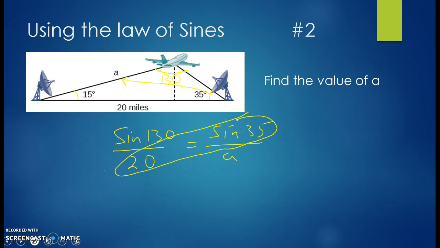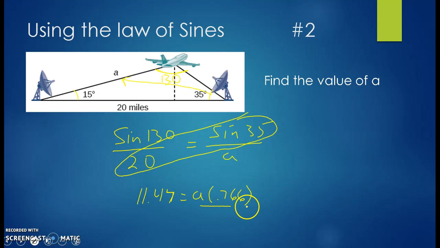I'm going to take 20 times the sine of 35 degrees, and that's 11.47. 11.47 equals A times the sine of 130, and the sine of 130 degrees is 0.766.